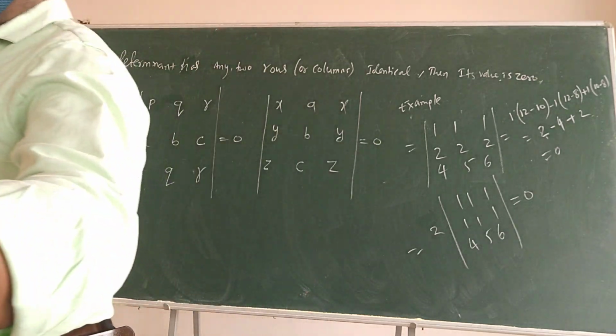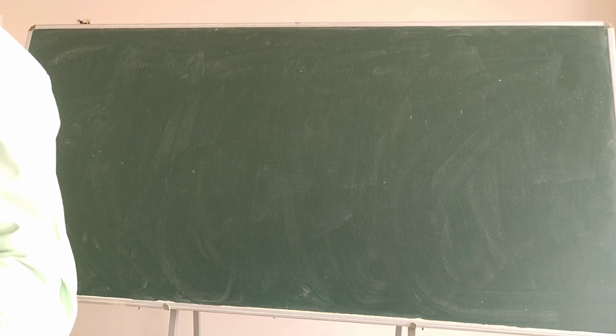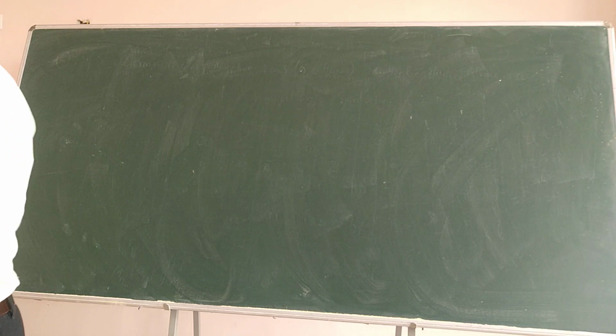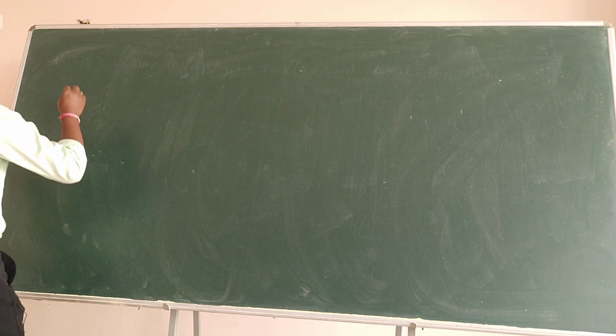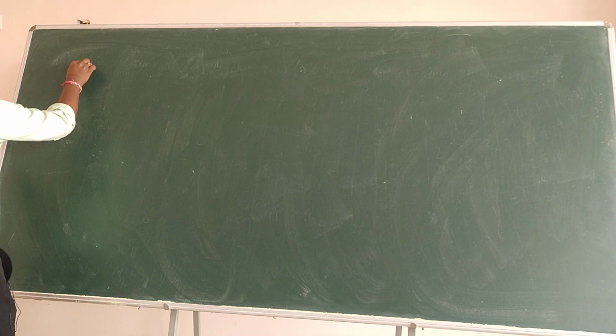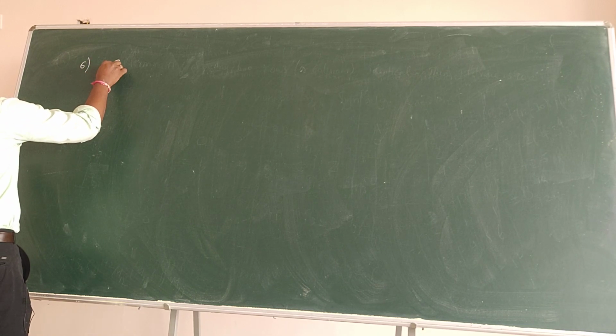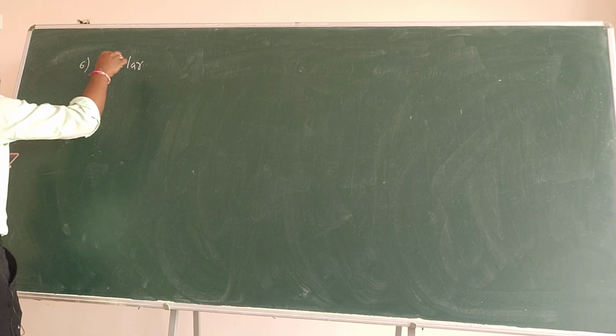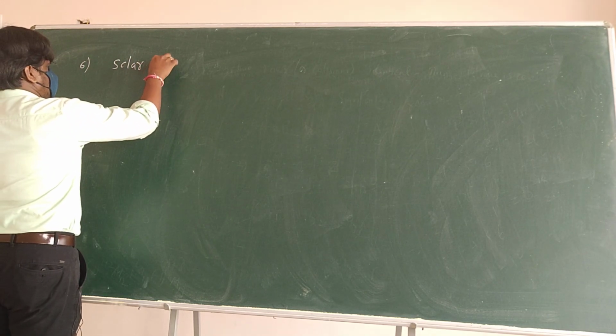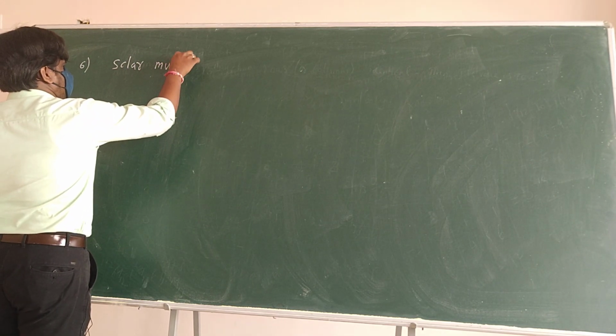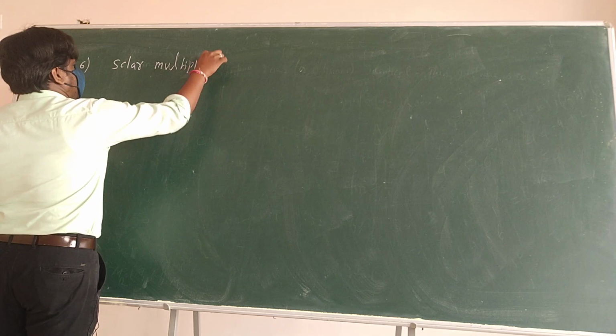Right? Property. Next property is scalar multiplication. Scalar multiplication.